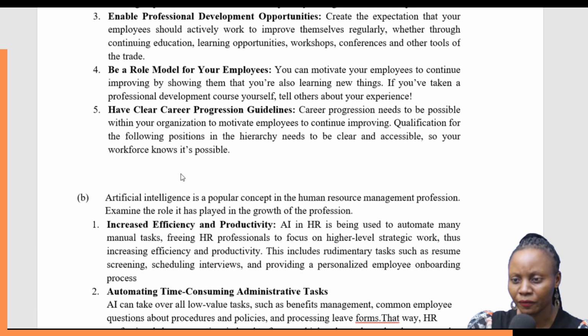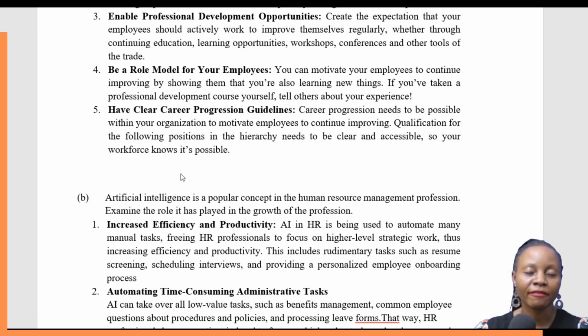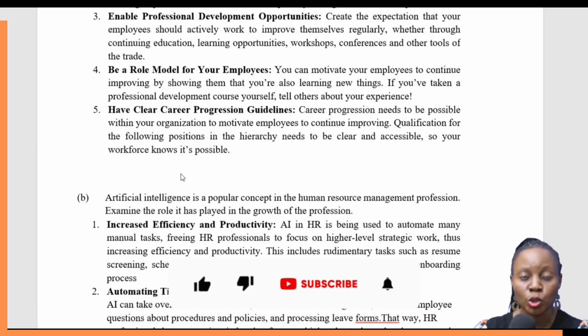And then question 4B, artificial intelligence is a popular concept in human resource management profession. Examine the role it has played in the growth of the profession. AI, artificial intelligence, is something that we see across the different areas of study. And here we want to study it in connection to human resource.